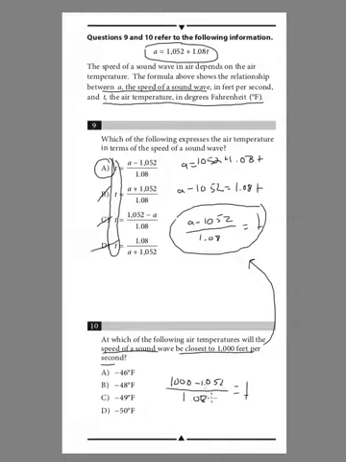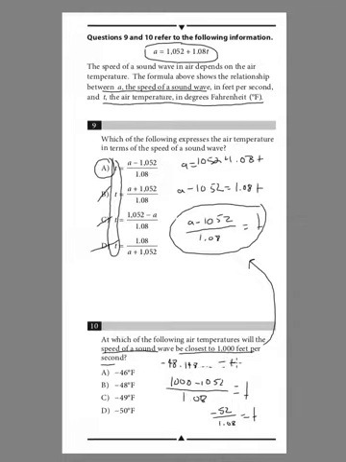So let's solve this equation now. We have 1,000 minus 1,052, which is negative 52, over 1.08, is equal to t. Since this is a calculator section, we have the luxury of a calculator. Negative 52 divided by 1.08 gives us negative 48.148 and so on, is equal to t.